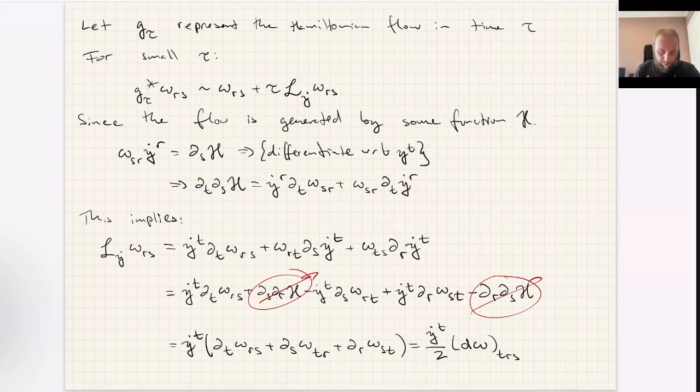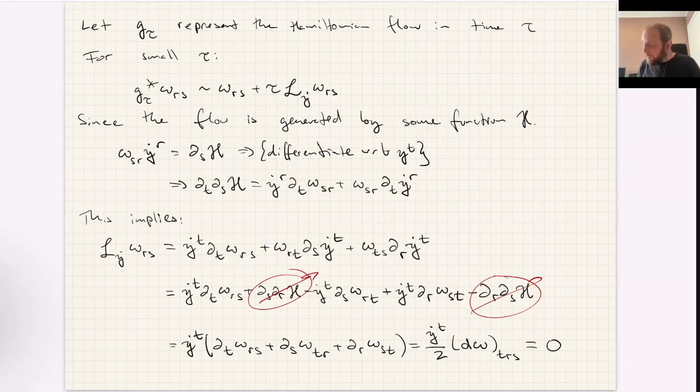But we saw before, and we required when we defined the symplectic geometry, that the exterior derivative of omega should be equal to 0. So this, given that we have a symplectic geometry, is equal to 0, right? So this in particular means that G star of omega is omega itself. So we have a symmetry, in some sense, that this flow preserves omega, which means, of course, that it's going to preserve omega to the n as well.